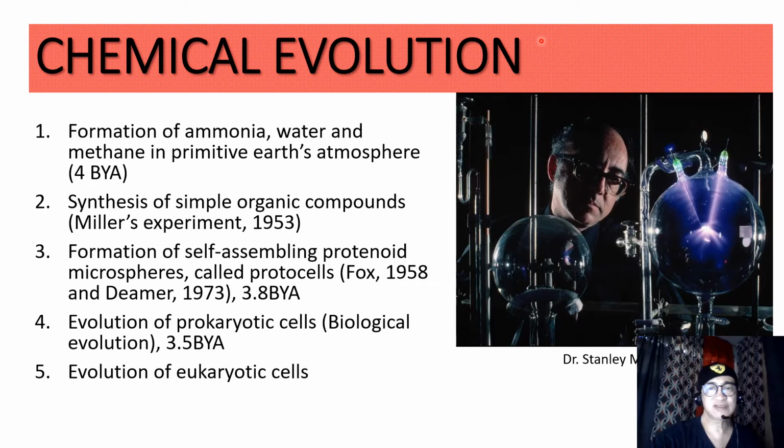So because of this energy coming from bolts of lightning and ultraviolet light radiation, and there was no ozone layer yet in the atmosphere, very strong radiation hit the surface of the Earth then, and you have volcanism.